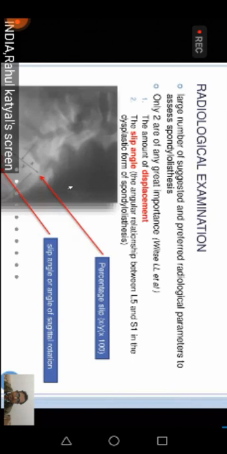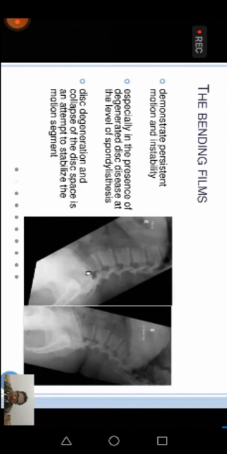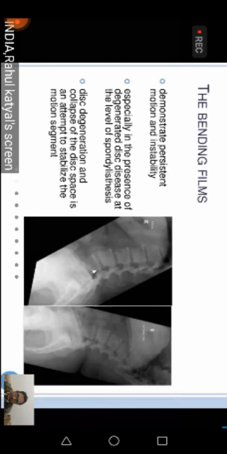So there are two things that we have to see in this. First is the amount of displacement, how much displacement there is, right? Like in the last X-ray, there would be around 25% displacement. We are talking of percentage, although it can be taken in centimeters or millimeters also.